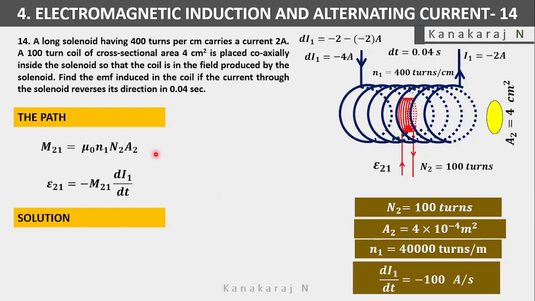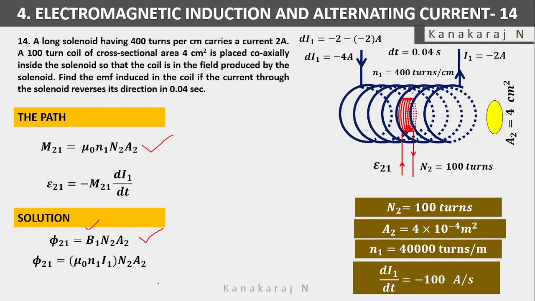Now let us see how we get this formula. The flux linked with the secondary coil due to the primary coil is given by the well-known formula B1 N2 A2. Here we substitute the value of B1, which is mu naught n1 I1, multiplied by N2 A2.